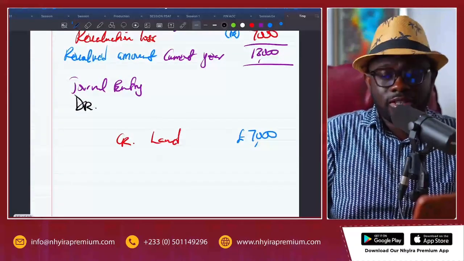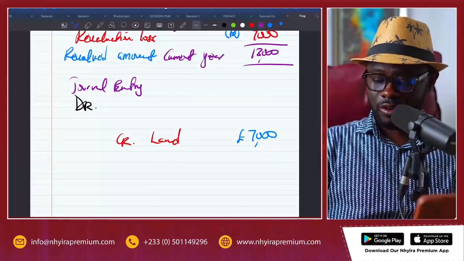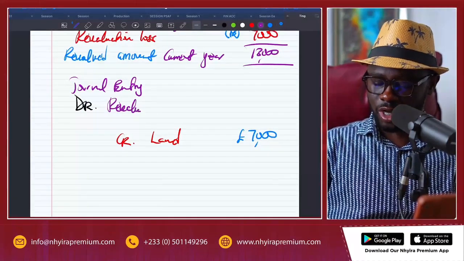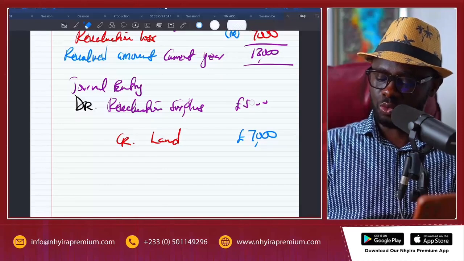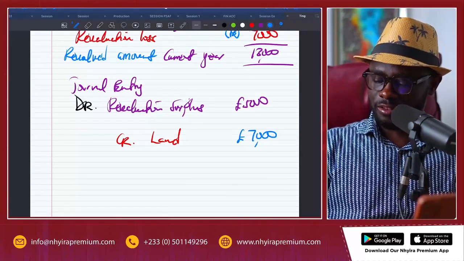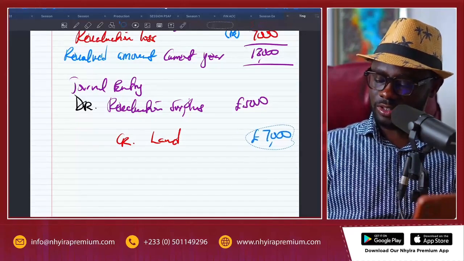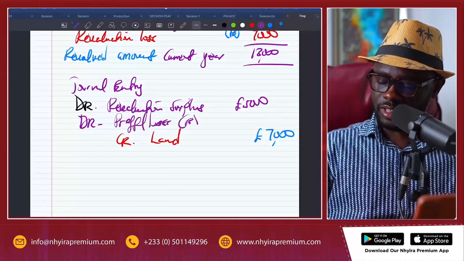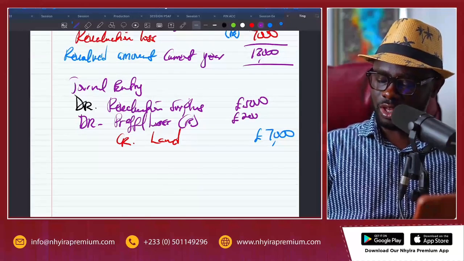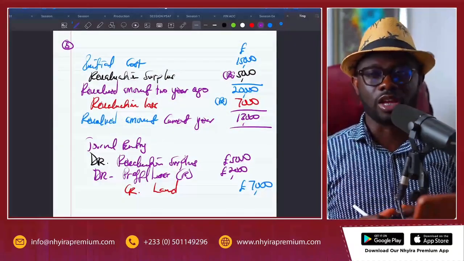Since the loss is 7,000, it means we have to write everything off. So we debit revaluation surplus with the 5,000 because that is what is there, so that the balancing figure will be taken to the profit or loss account. So we debit profit or loss with a balancing figure of £2,000. This is what we are talking about.